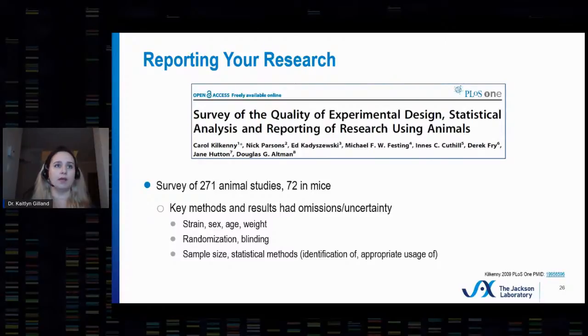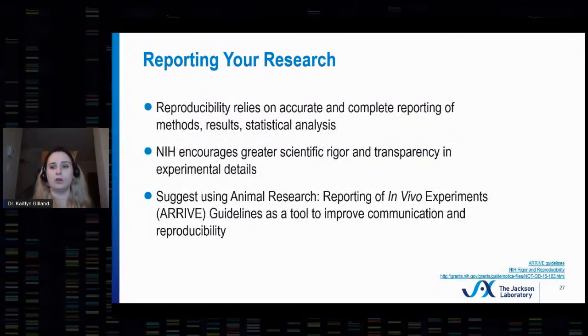And there were omissions in key methods and results with regards to strain, sex, age, whether or not the study was randomized, and what the statistical methods may or may not have been. And so there's nothing more important than accurately and completely reporting your research.